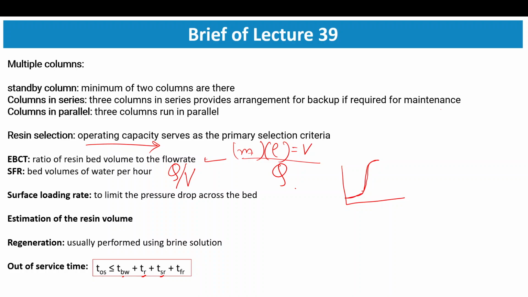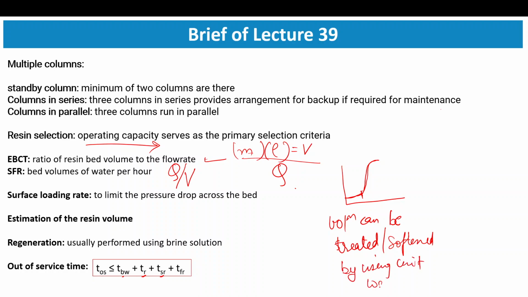So you will know how much volume can be treated or softened using a unit weight of resin or adsorbent. This applies for both ion exchange and adsorption, right? Once you have found this, you can scale up.